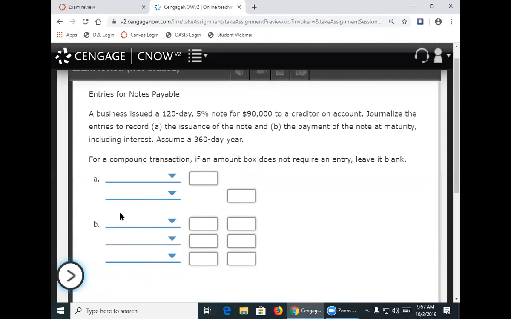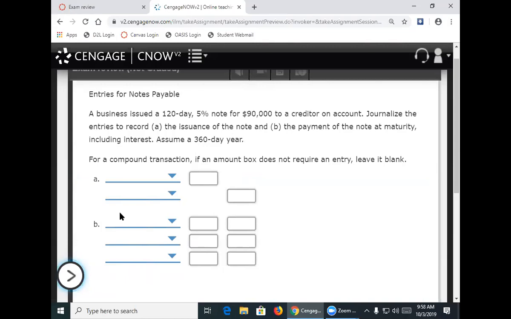Did you have a question? Yes. I get these confused all the time, so I just want to make sure I get it right. It says a business issued a note to somebody else. Which one is the creditor and which one is the borrower? Good question. When it says a business issued a note, the person or the business issuing the note is the one that owes the note.